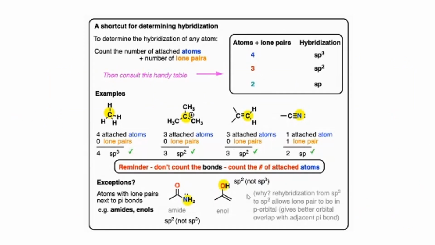So this cheat sheet shows us the shortcut for determining hybridization. It says here, count the number of attached atoms plus the number of lone pairs.